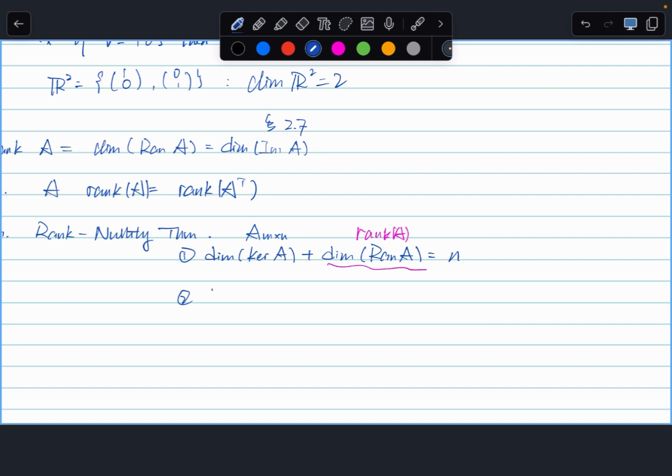Second, the dimension of the kernel of A transpose plus the rank of A transpose equals the number of rows.